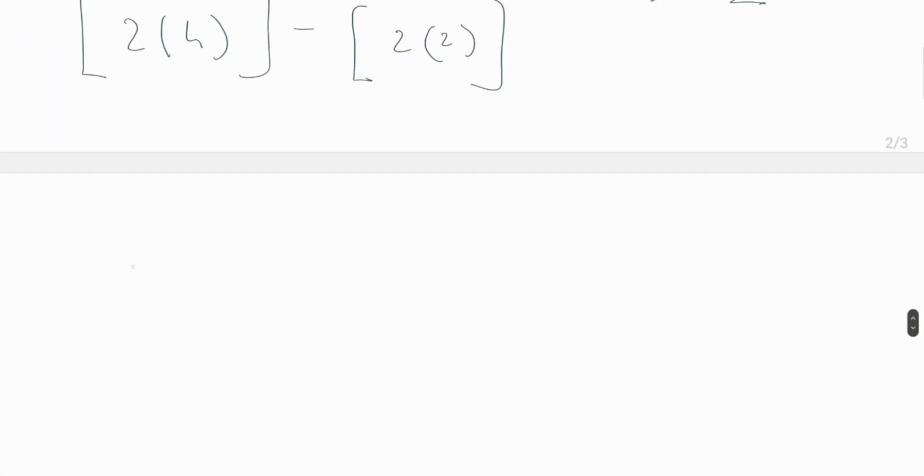So this is 8, 2 times 4, minus 4, which equals 4. So the area equals 4.